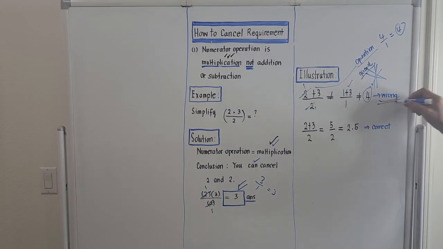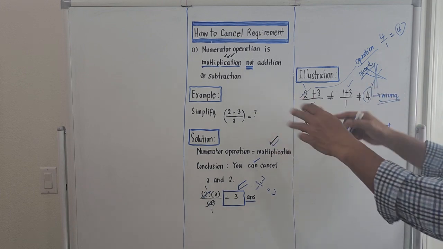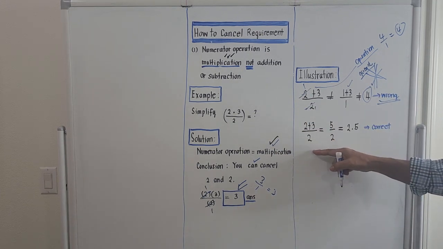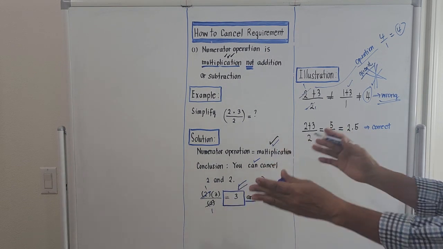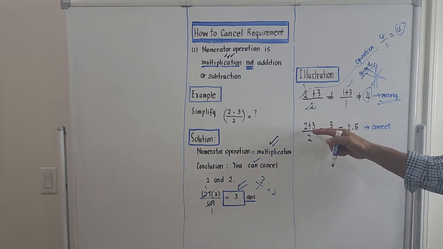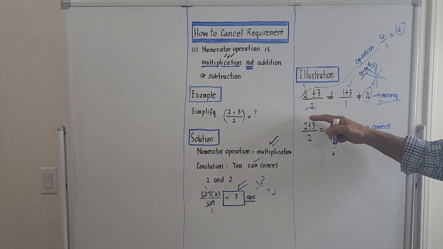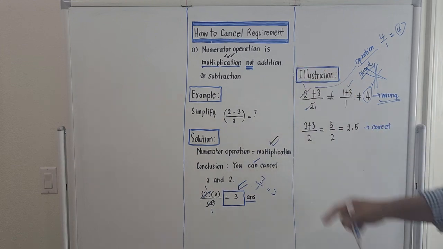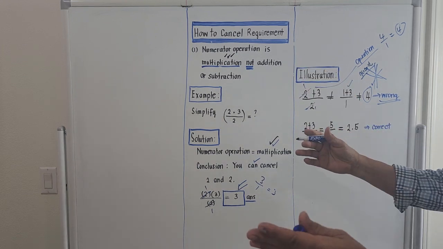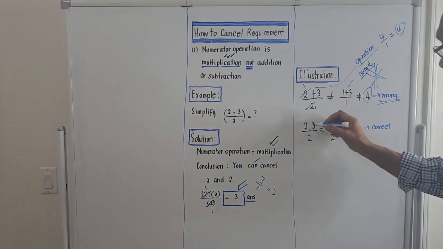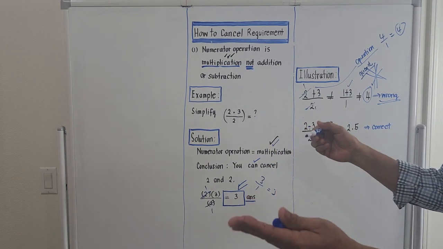It's wrong. The correct procedure will be this: 2 plus 3 all over 2, you cannot do anything about it. You cannot cancel it. Why? The operation is addition, right? Because the requirement for a cancellation is that the operation between 2 and 3 should be multiplication, and since it is plus, you cannot do anything about it. Even if it is minus, much more you cannot do anything about it.